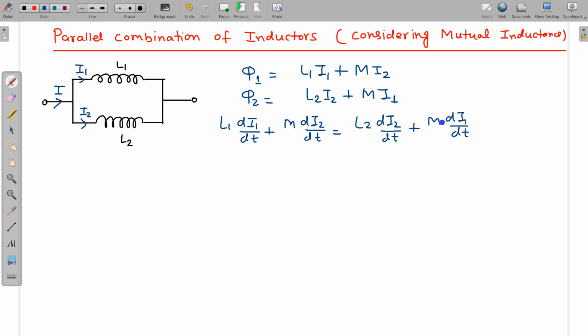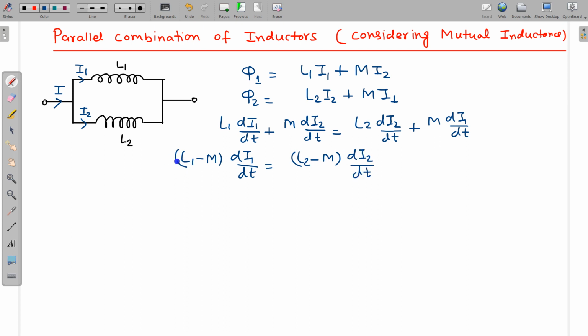So I bring di1 by dt to the LHS and di2 by dt to the RHS. It will give me (L1 minus M) di1 by dt is equal to (L2 minus M) di2 by dt.